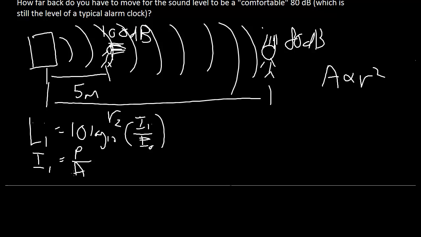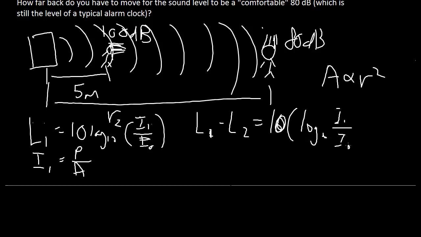When you compare 2 decibel levels, we can work around a few constants just to make things a little cleaner. So instead, we're going to subtract loudness 1 from loudness 2. So that's 10 log base 10 of I1 over I0 minus 10 log I2 over I0.